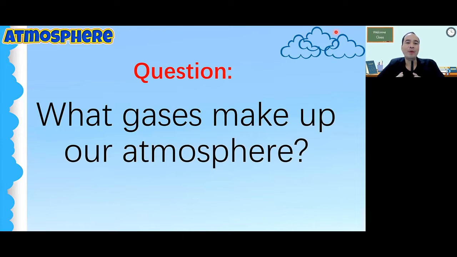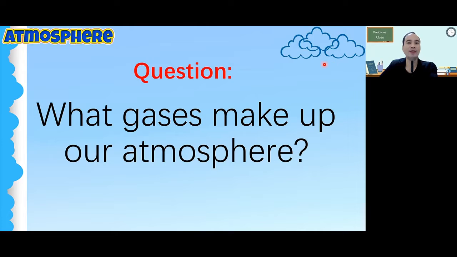Once again, what are the gases that make up our atmosphere? Can you tell me, M1? Very good, M1. Our atmosphere is made up of different gases, of which there are two major gases.